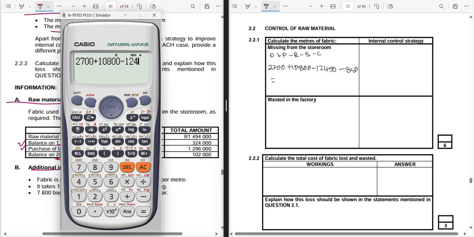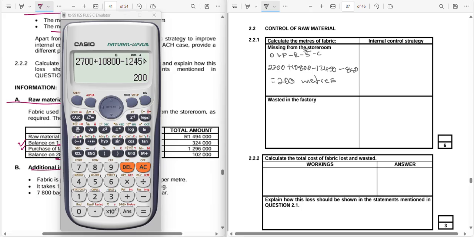So you can just say raw material issued there. Do you get it? Minus what? 850. We are going to get 200 meters. So we lost 200 meters due to theft.